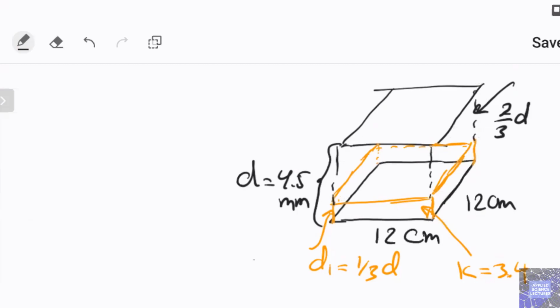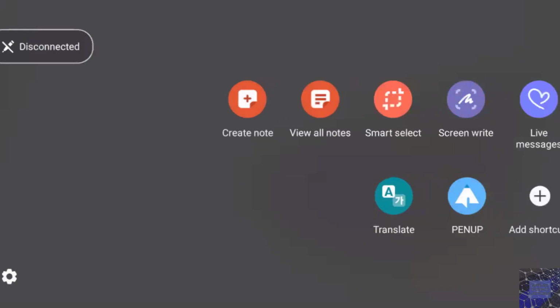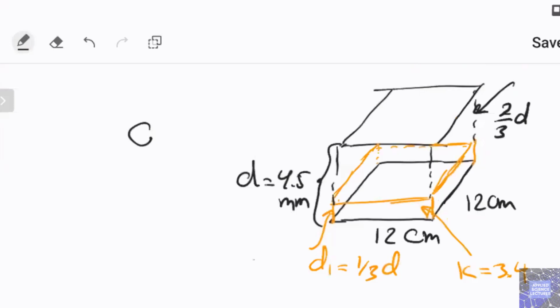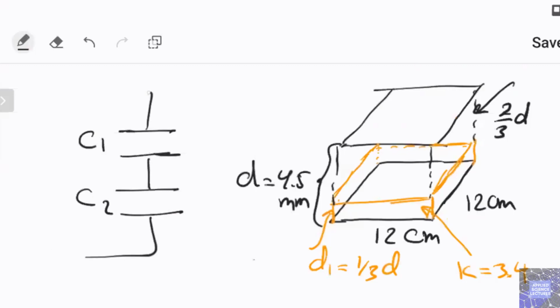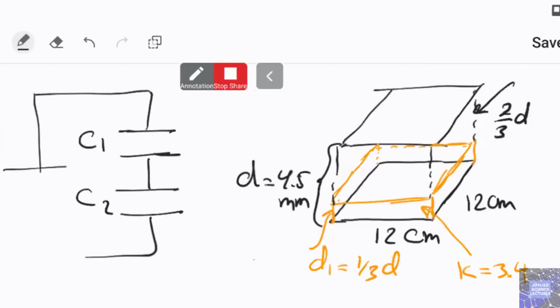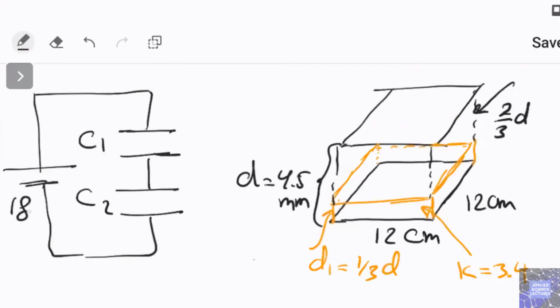This tells me that those two capacitors, if I'm to call the one with the air as C1, then the capacitor C1 is connected in series with the capacitor C2, and both electrodes are connected to the 18 volt source.